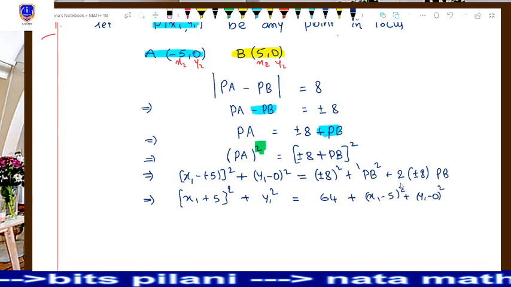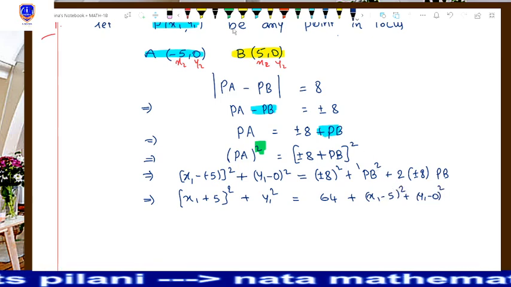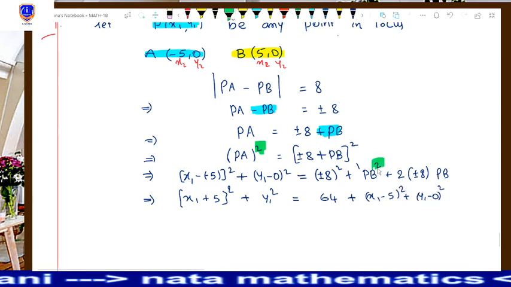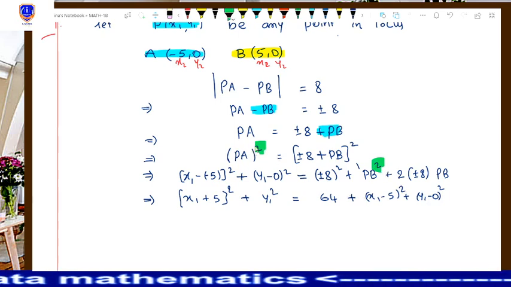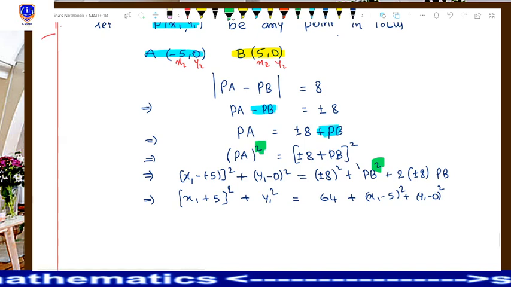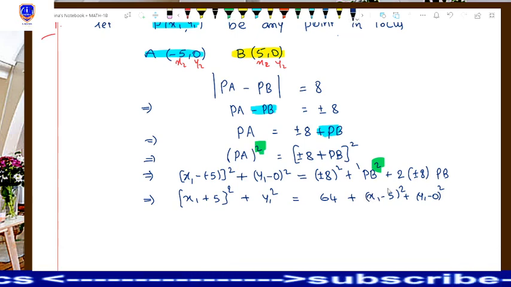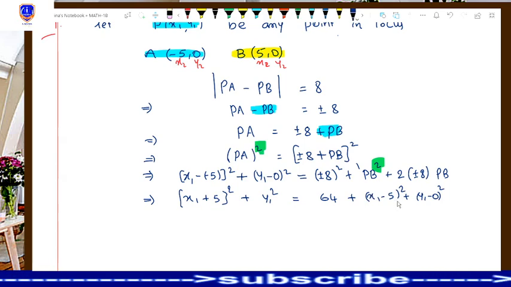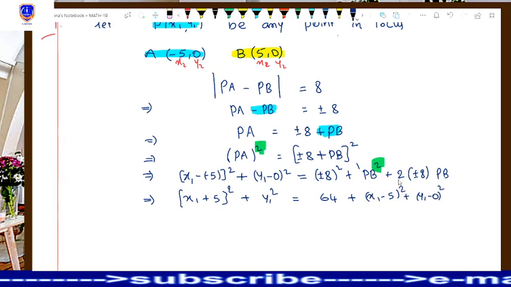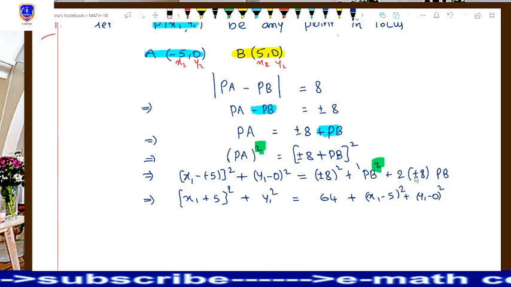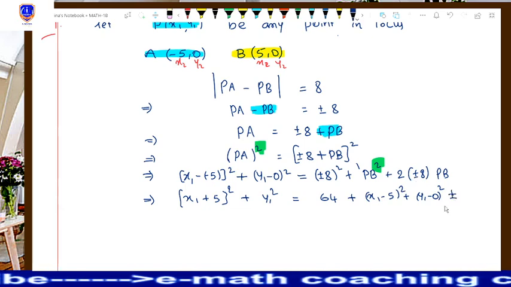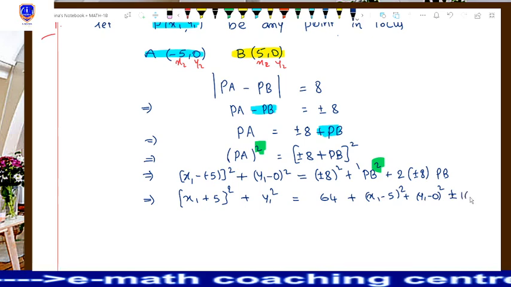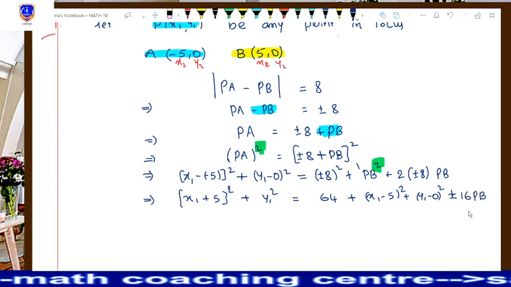Here also a square value exists, like we did in the earlier step. There is no need to make a root here for the distance of PB. Next step, plus into plus or minus is plus or minus. 8 2s are 16 PB, fine.